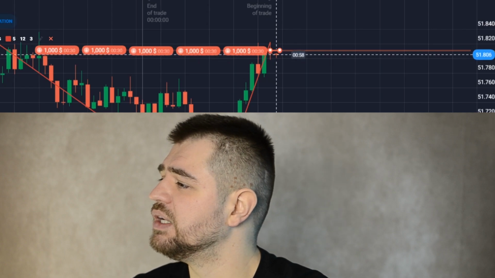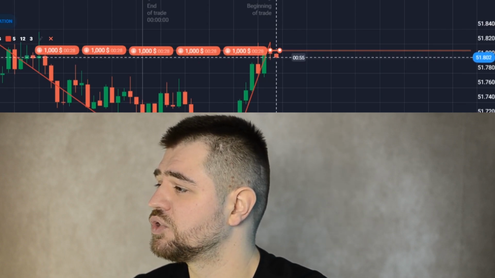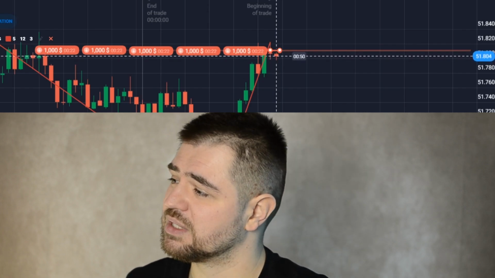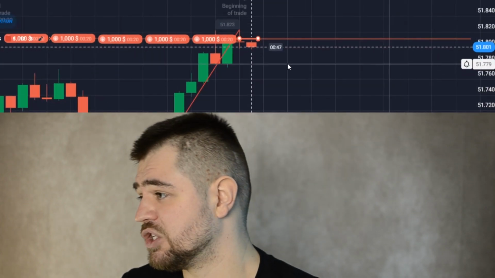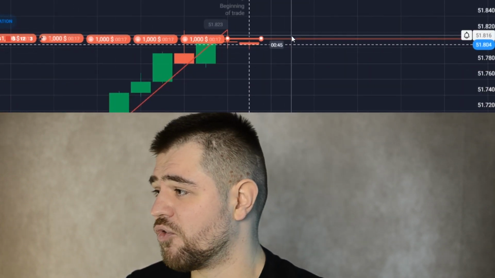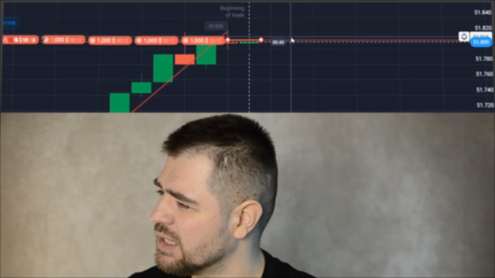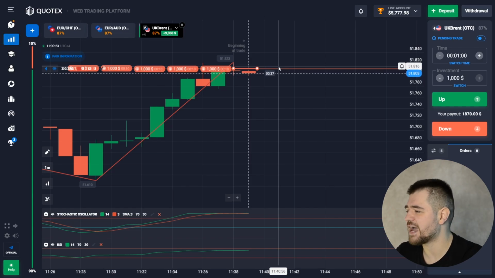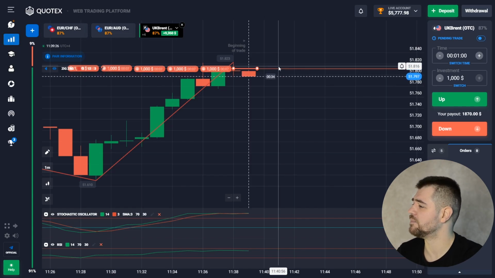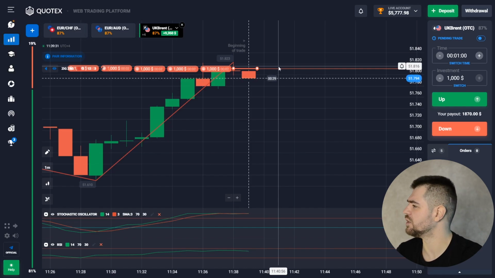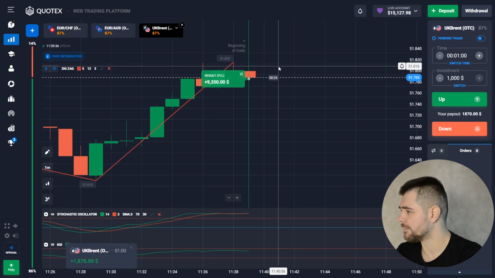But I think that here it was the correct option, the put option, just as a pullback maybe, truly there should be a bear trend forming, because it is in the maximums as well. So there are a few factors here that play a role on the decision, and it's really hard to try to explain it so quick. But here is the profit of this one.